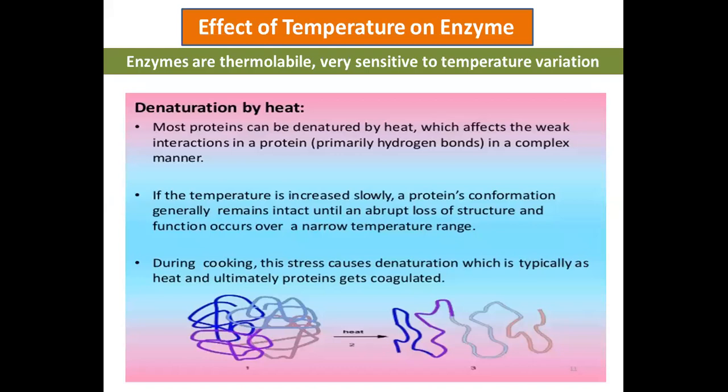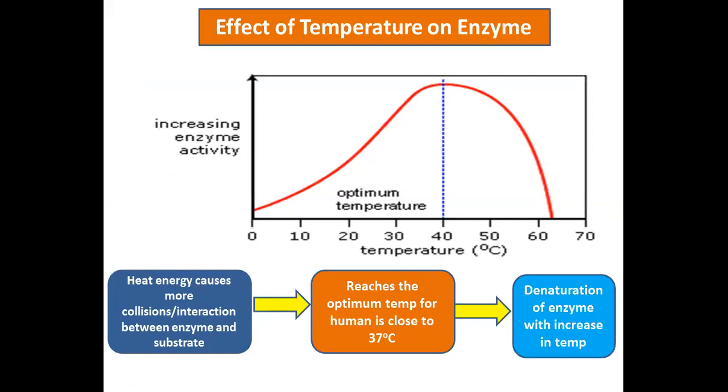The first and major factor is temperature. The enzyme depends on temperature, because if you give more temperature, the enzyme will lose its structure and denature. We can plot a graph of the effect of temperature on the enzyme.